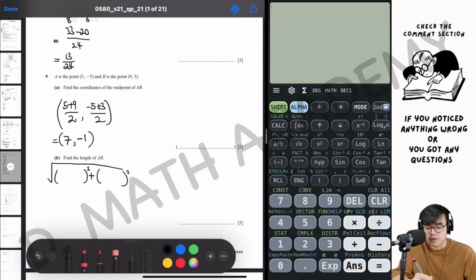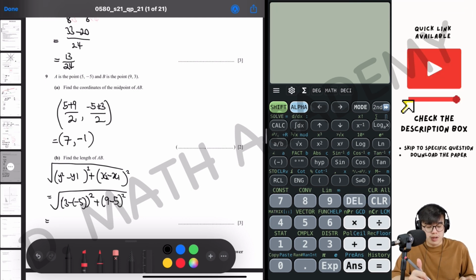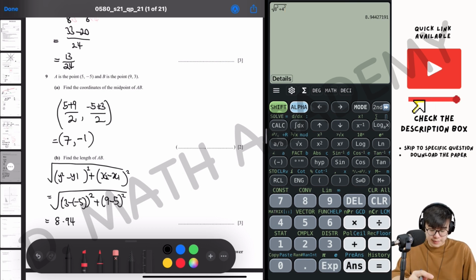Then you just put y2 minus y1 over x2 minus x1. So from this, you actually get 3 minus negative 5 squared plus 9 minus 5 squared. Let's key in our calculator. It should be 8 squared plus 4 squared. We actually get 8.94 as the final result.